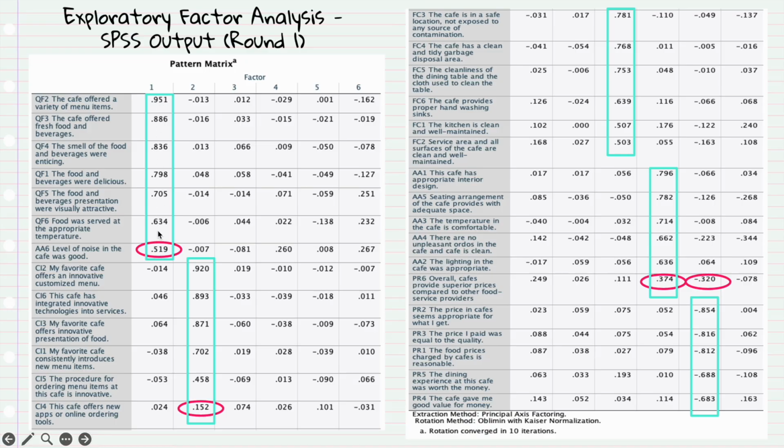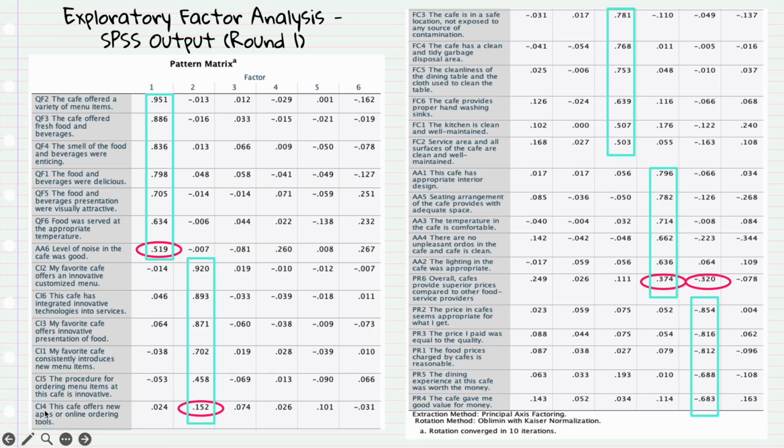We can see 3 items that behave poorly. The first one is AA6, noise level. It loads moderately to factor 1, but theoretically it should belong to atmosphere. Because it does not group cleanly with atmosphere items, it is a confusing factor.